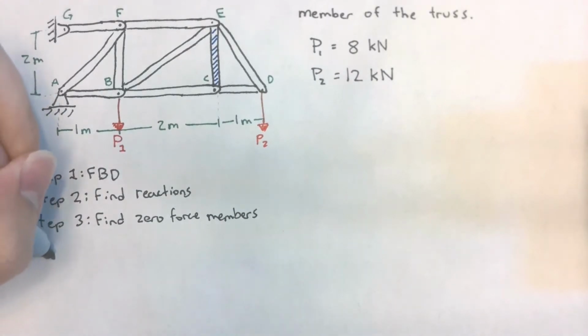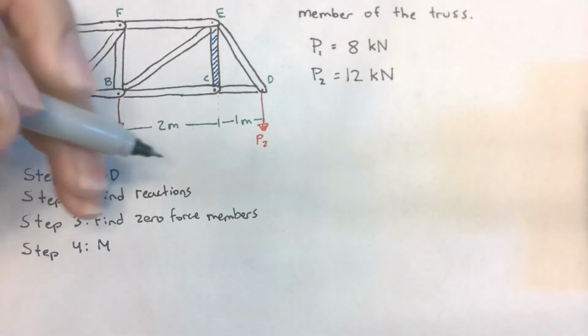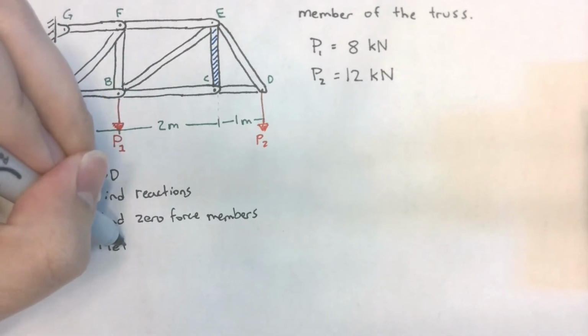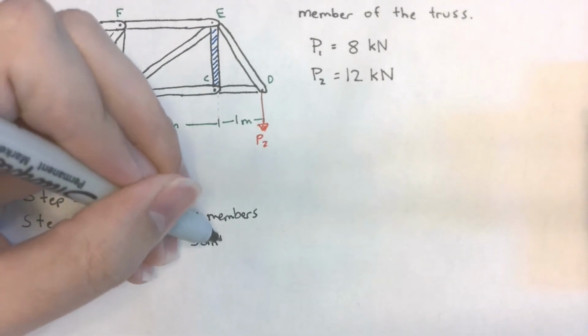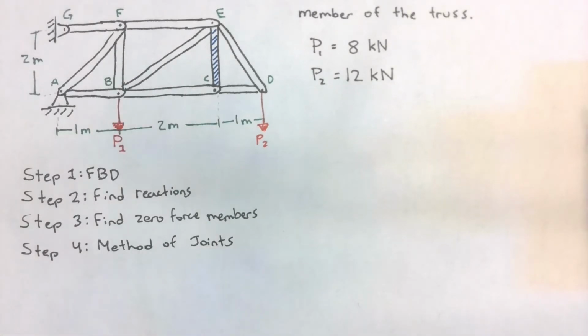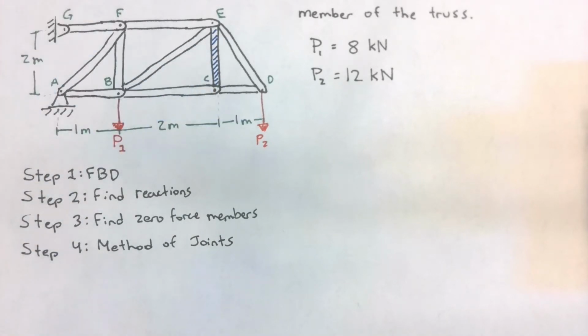For the method of joints, you want to draw a free body diagram for each joint. And in this case, you always want to start with the joint where you have the most information and the least number of unknowns. So in this case, which joint would you choose? B. D? Oh, B. B? Okay, so why B?